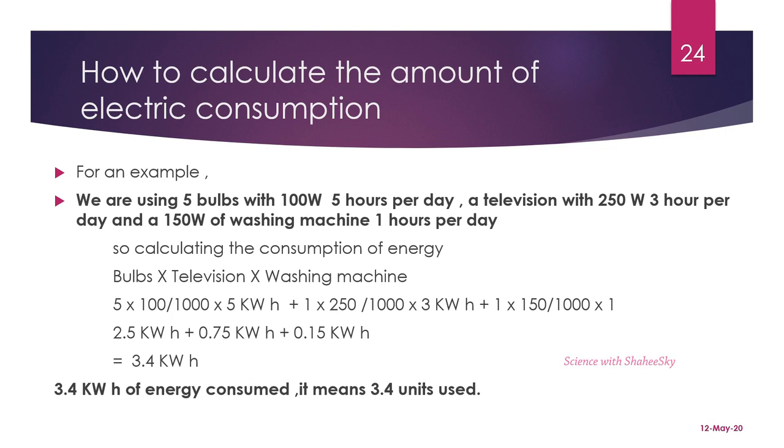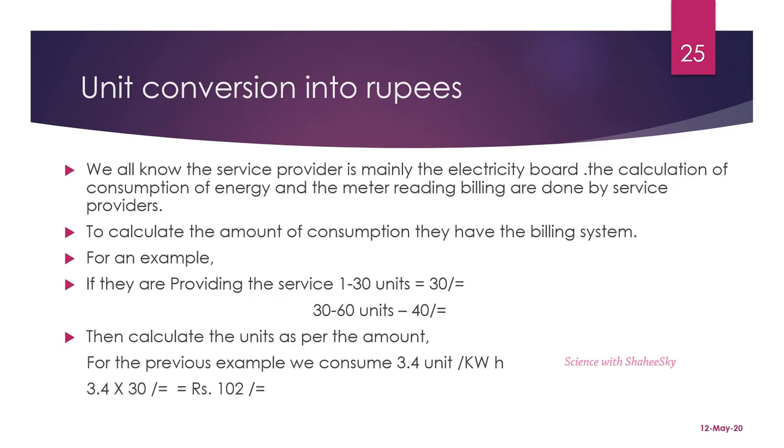Unit conversion into rupees. If we convert the units of energy consumption, we have to know how electric bills are calculated. We all know the service provider is mainly the electricity board. The calculation of the consumption of electric energy and the meter reading and billing are done by service providers.